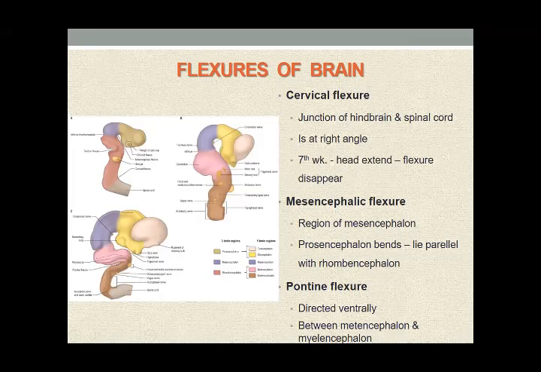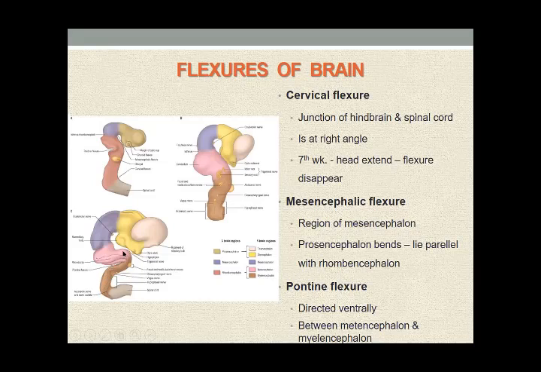So this white here is telencephalon, yellow diencephalon, blue mesencephalon, midbrain. These two are parts of the forebrain. Then pink is metencephalon, brown is myelencephalon.